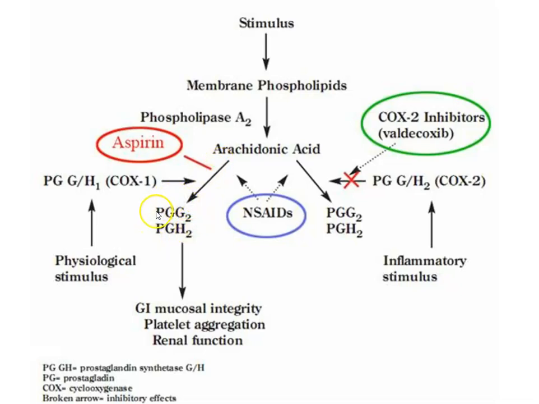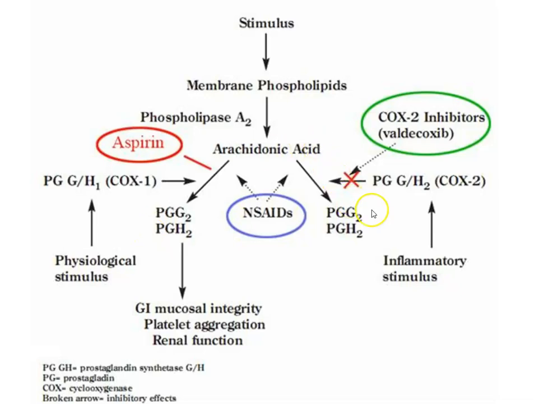And these prostaglandins that get made help with GI mucosal integrity, so they help protect the lining of your stomach. They help your platelets function, and they help your kidneys function. So these overall are pretty good prostaglandins.